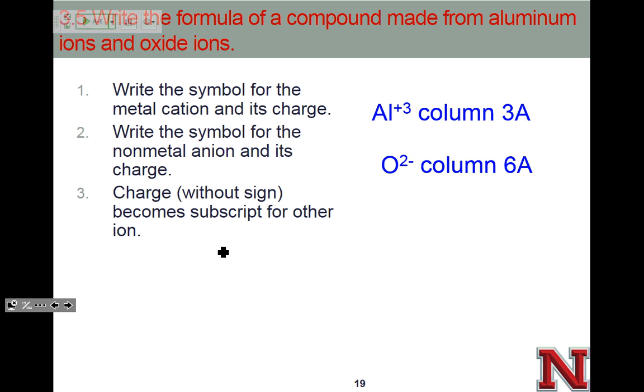So now what we want to do is cancel out and have it be a neutral overall compound, so our charges, when added together, equal 0.